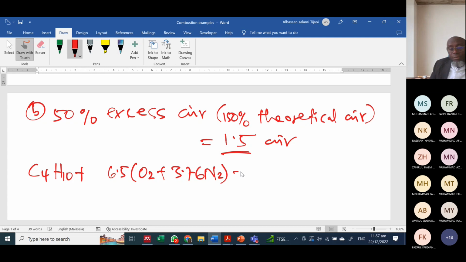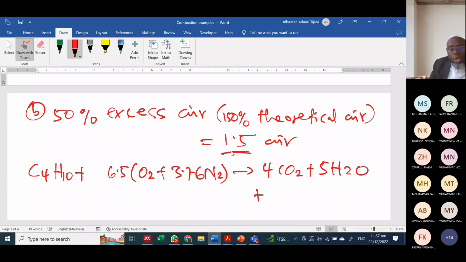This gives me 4 molecules of carbon dioxide plus 5 molecules of water.